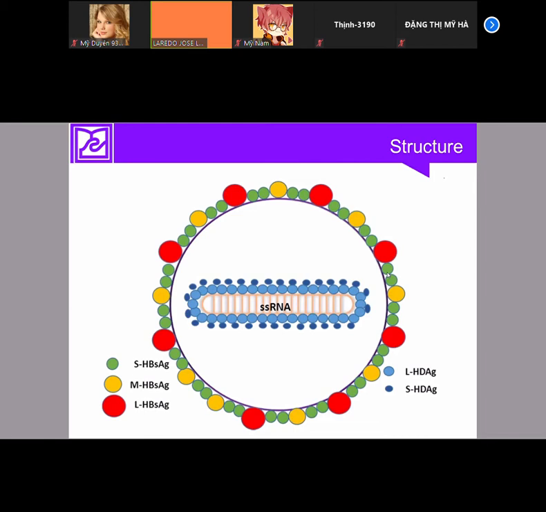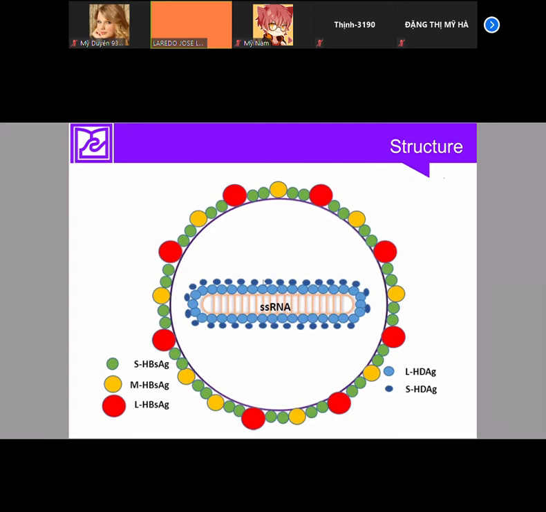And this envelope is very important, it's very interesting, because these glycoproteins are the surface antigen of hepatitis B. So hepatitis B surface antigen is found in the envelope of hepatitis D virus. And the antigen is also found in 3 forms, the small, medium, or large, the same as hepatitis B.